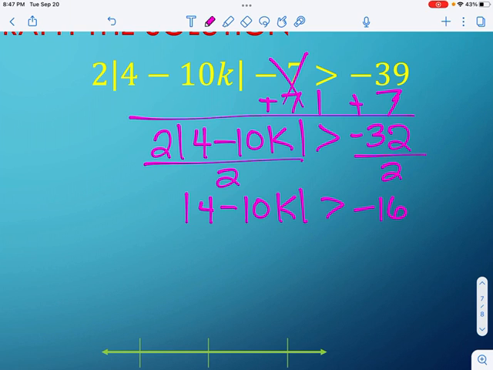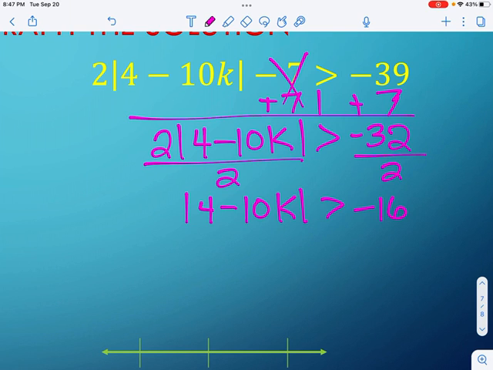Now, once again, let's just stop there for a second. This would give us an or statement. But if we stop and just literally think it through logically, remember we said an absolute value is always positive. So when I look at this inequality, what I'm asking is, when is an absolute value greater than negative 16? Well, if an absolute value is always positive, then it is always greater than negative 16.